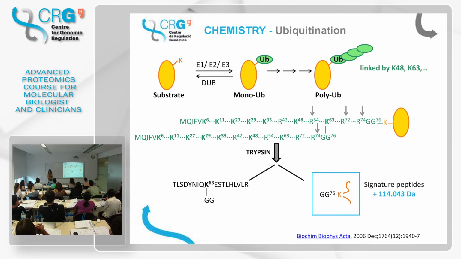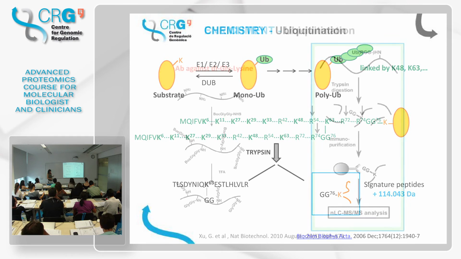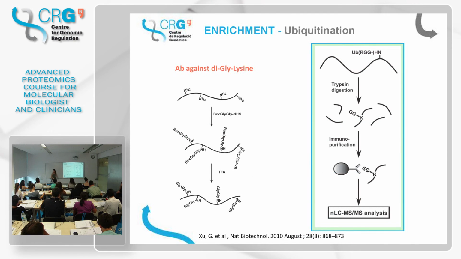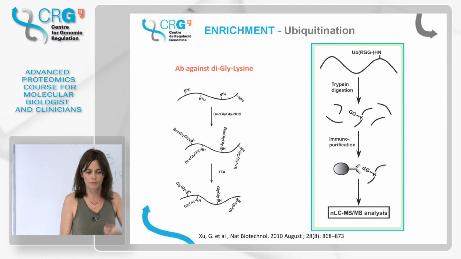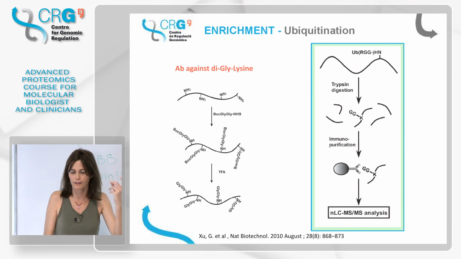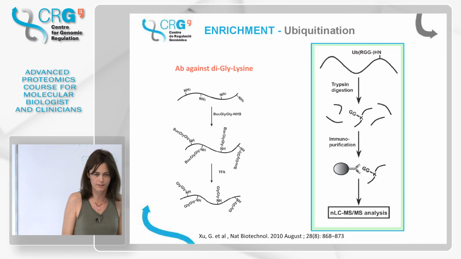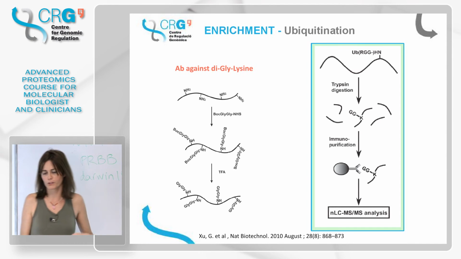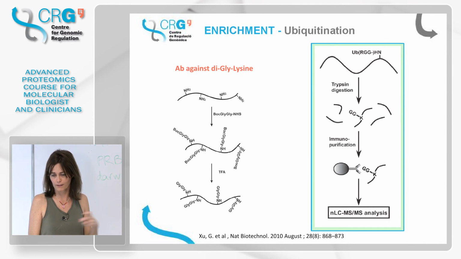Okay, so this is the good news about ubiquitination. We have a signature peptide. But like always, we cannot take our sample complex and now look for GlyGly in our peptides. We don't see anything, 0. So it's very important, we need to enrich because these are very low abundant peptides.